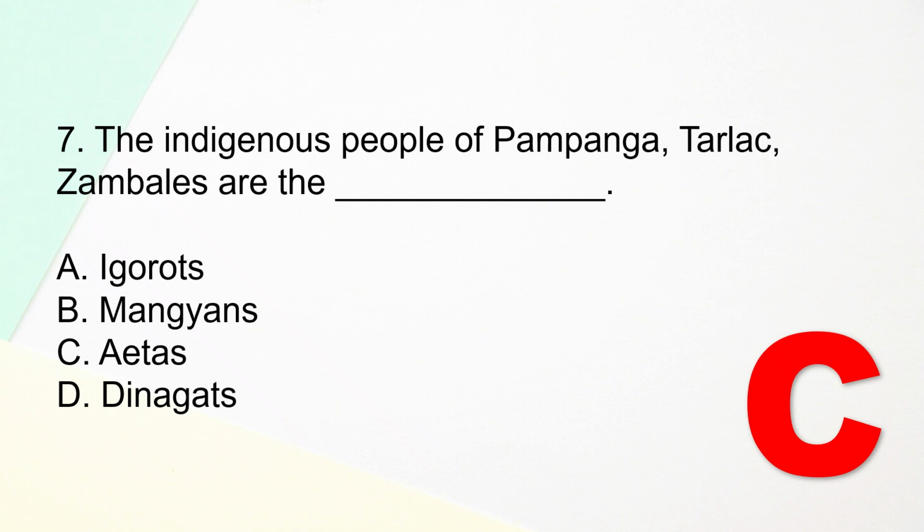Igorots for letter A, these indigenous groups are from Cordillera region, like in northern Luzon, not in central Luzon. Mangyan, on the other hand, or Mangyans are indigenous people of Mindoro, not Pampanga or Zambales. And Dinagats, this refers to people from Dinagat Islands in Mindanao.